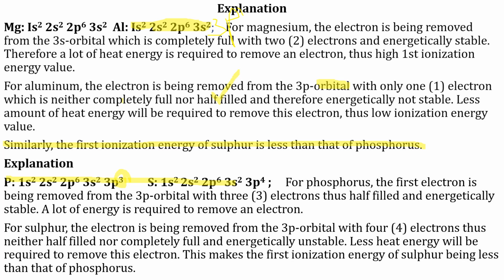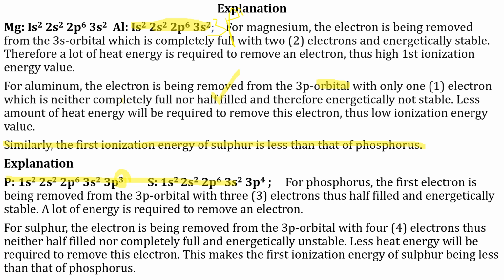So the phosphorus atom will be thermodynamically stable or energetically stable, depending on the wording that you prefer, whereas in sulfur, the 3p sub-energy level is neither half-filled nor fully filled.